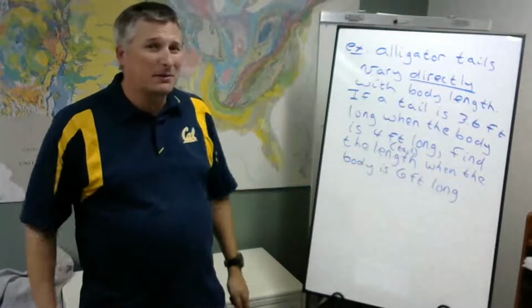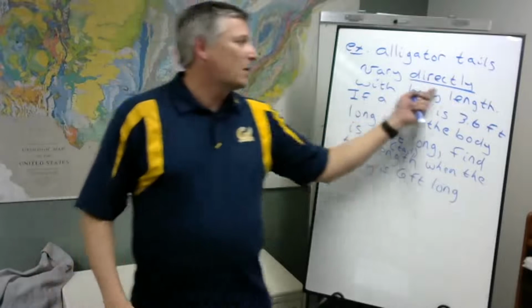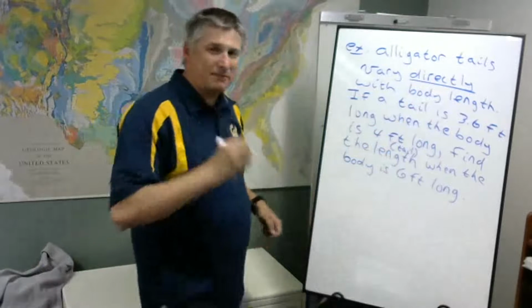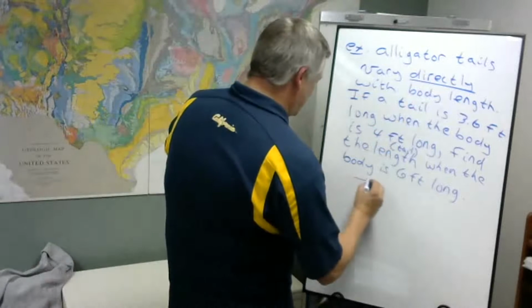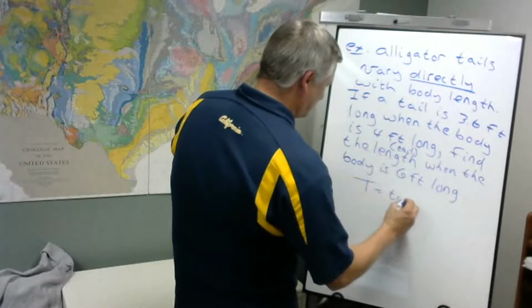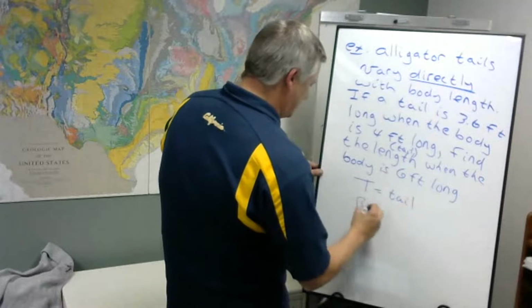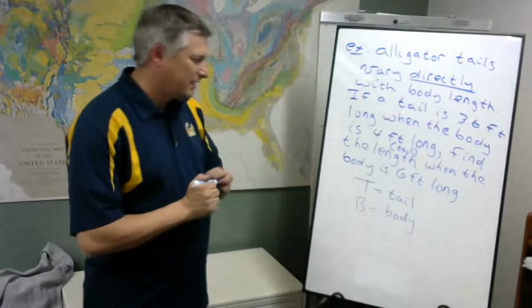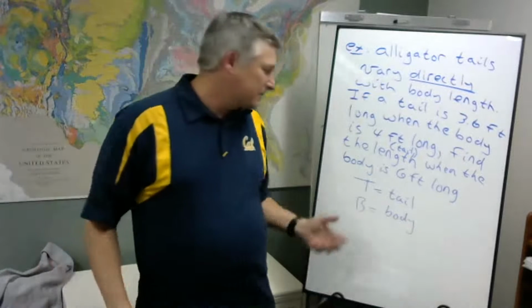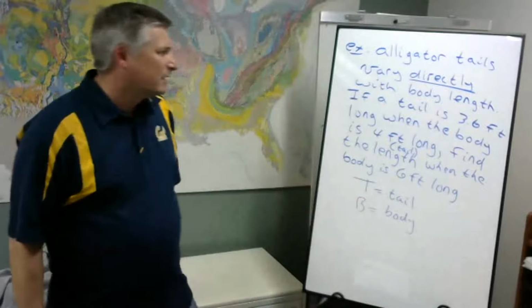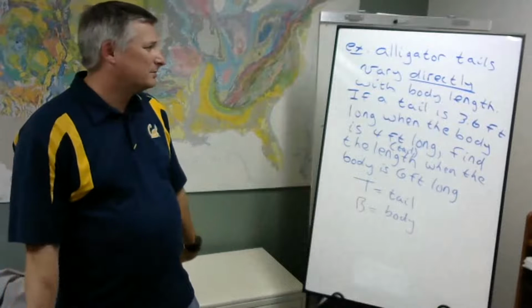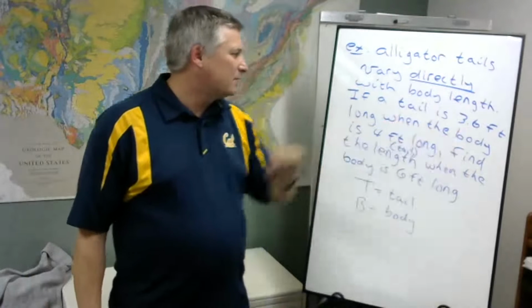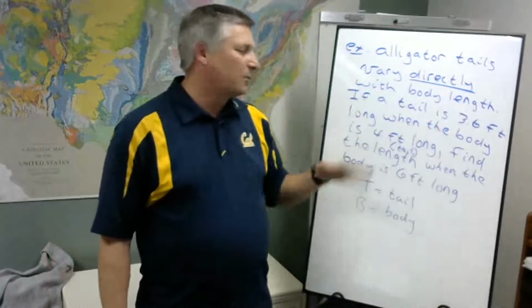So how do we go about doing this? We've got to start with this first. We're told that it varies directly. Now we have two variables, the tail and the body. So instead of using y and x, I'm going to use t and b. And the way this is set up, the tail is 3.6 feet long when the body is 4 feet long.